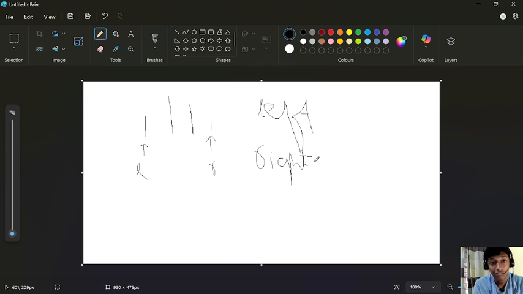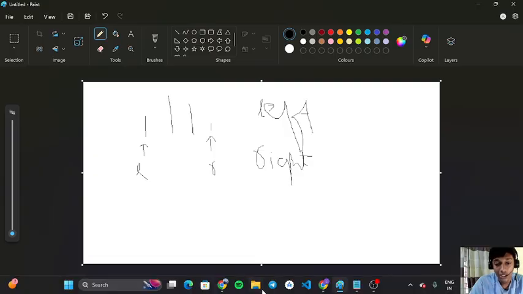Or else, if the left height is less than the right height, we are going to do left plus plus, so that the left height will be maximized. So by doing this, we'll get a container with the most suitable maximum height. So yeah, this is the approach. I hope this approach is very clear.